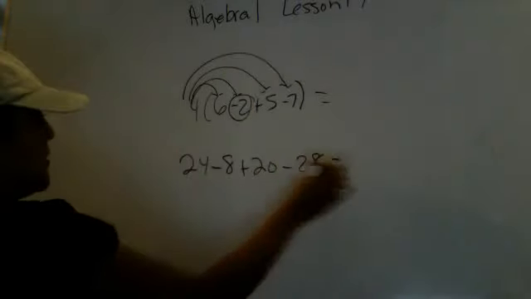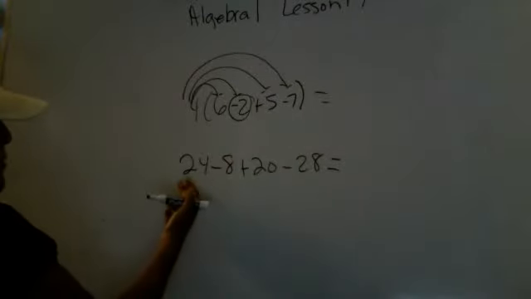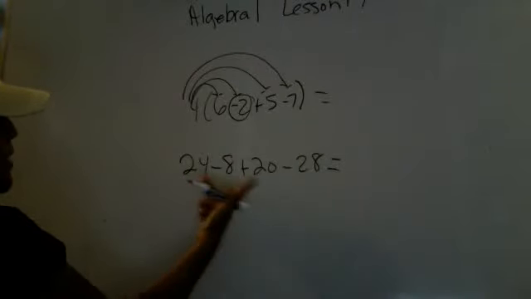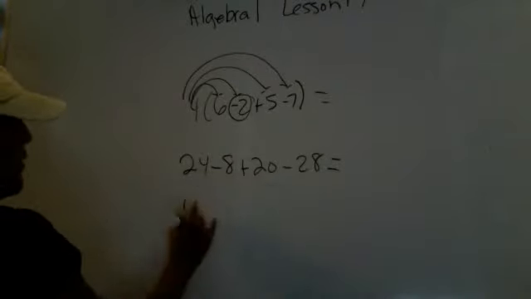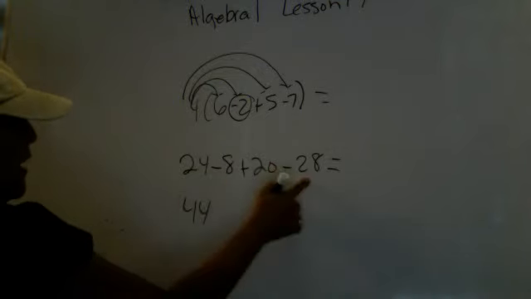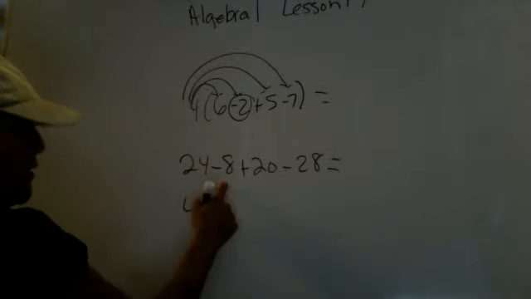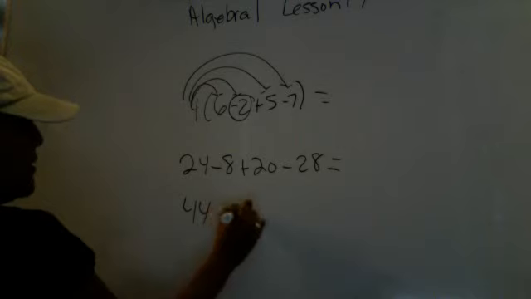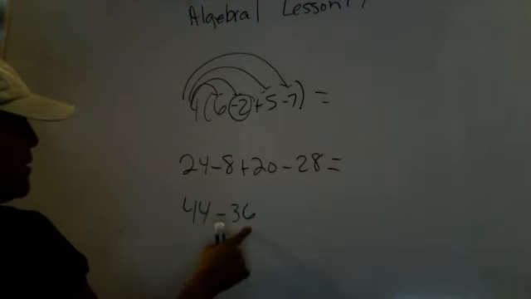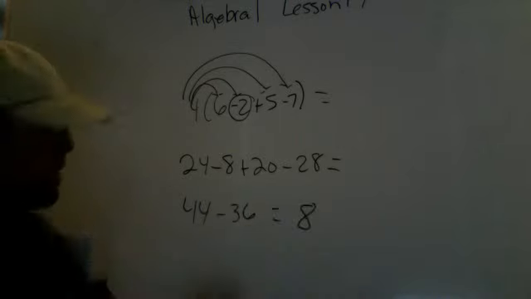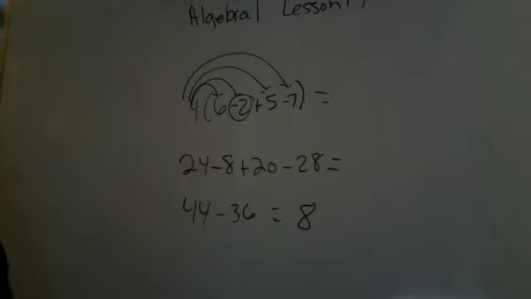And now we can simply simplify. 24 and positive 20 is 44. Negative 8 and negative 28 is a negative 36. And 44 minus 36 is simply 8. Okay? So that's all the distributive property is.